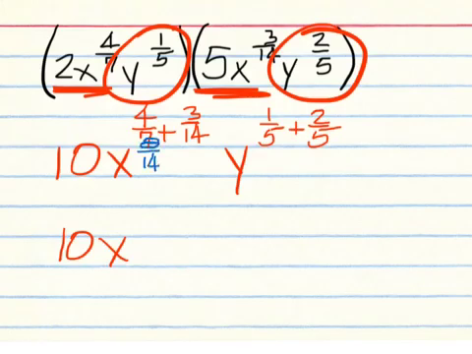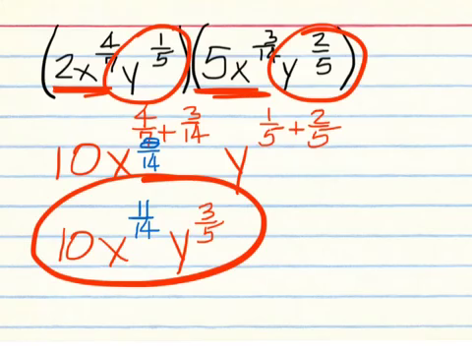So it's going to make this 8 over 14 for the first fraction. 8 plus 3 is 11. So 10x to the 11/14 power. And then we have y to the 1/5 plus 2/5, which would be y to the 3/5 power. And that's it. That's all you can do with that right now.